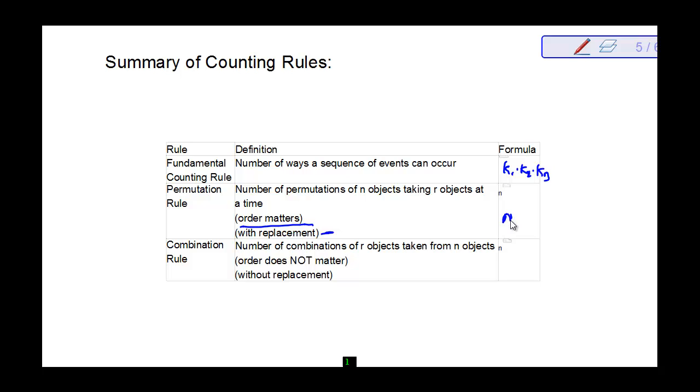This is going to be nPr, which is n factorial over (n minus r) factorial. And then combinations, order is not going to matter, and it's without replacement. That's nCr, which is going to be n factorial over (n minus r) factorial times r factorial.